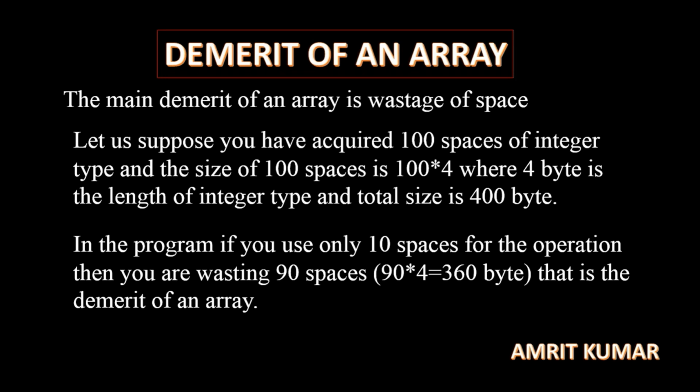The demerit of an array is the wastage of space, because if you do not use your space thoroughly, then you are wasting it. So in this case I am wasting 360 bytes and only using 40 bytes. So this is the wastage of memory.